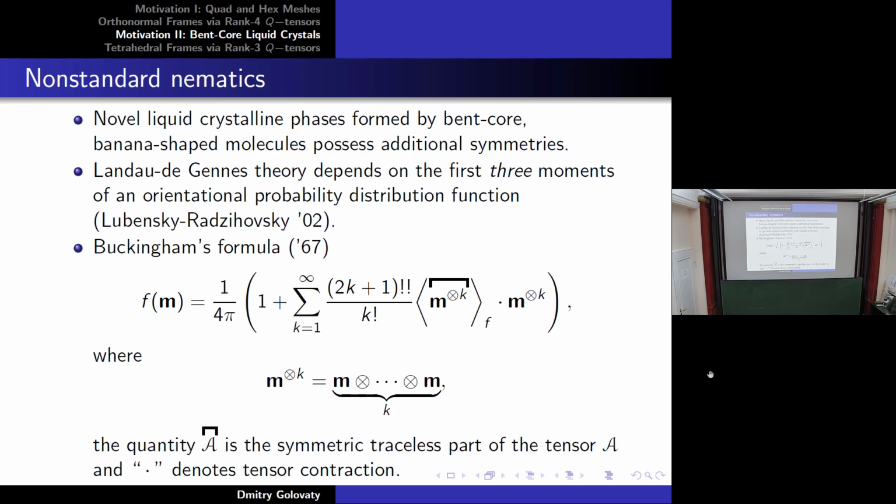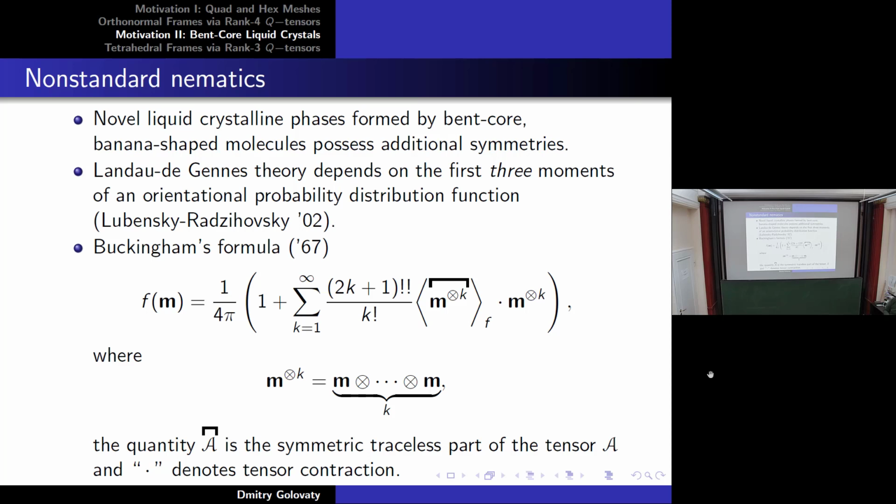In this case, we can talk about a novel liquid crystal phase that has already been mentioned at least once here, bend-core banana-shaped molecules. Unlike the standard nematics, which are just lines, these have a shape like bananas. And so they have, for our purposes here, more complicated symmetries than just lines.